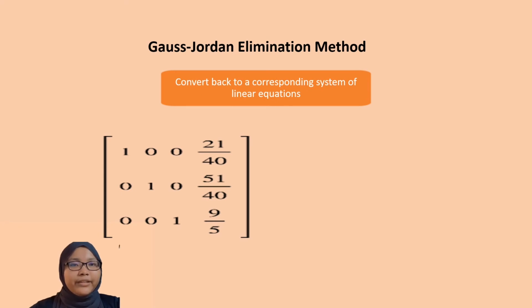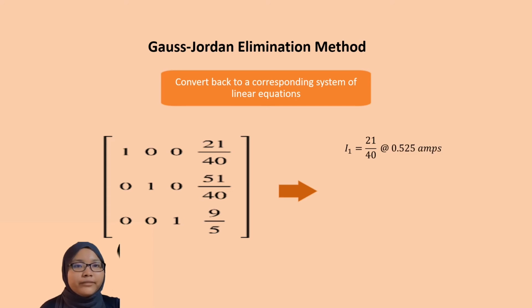When the matrix is in reduced row echelon form, we can convert back to a corresponding system of linear equations. And finally, we can determine the currents I1, I2, and I3 as follows.